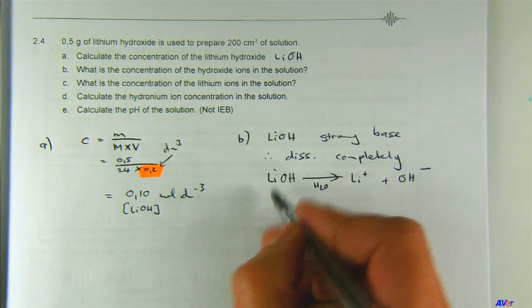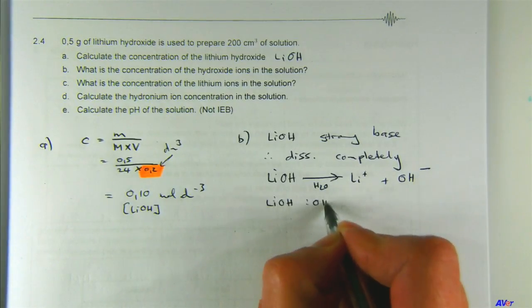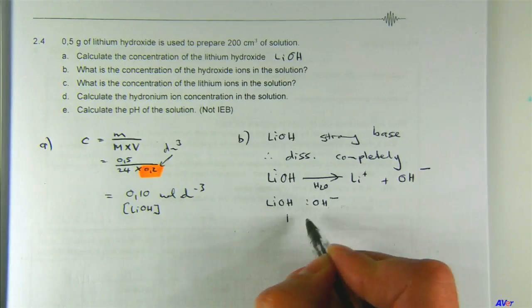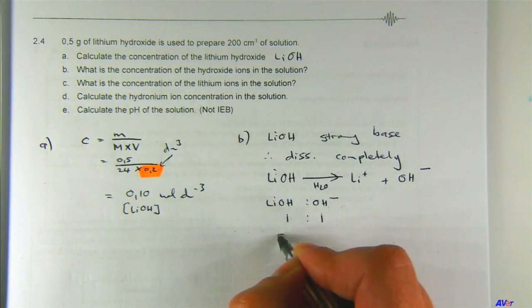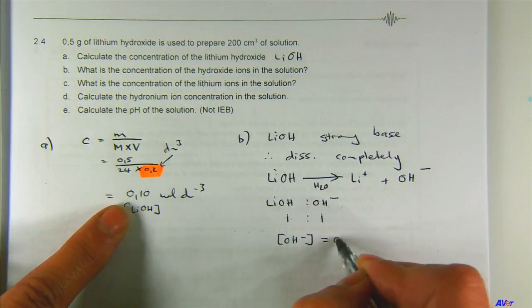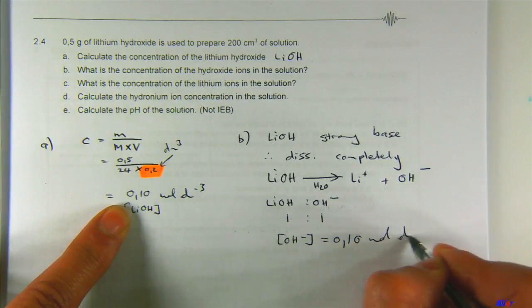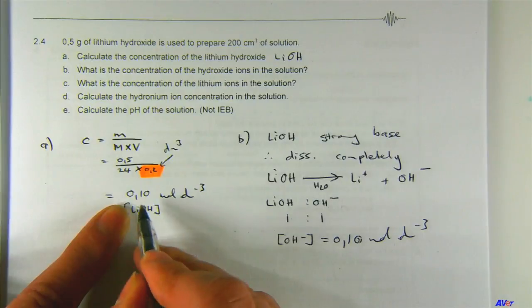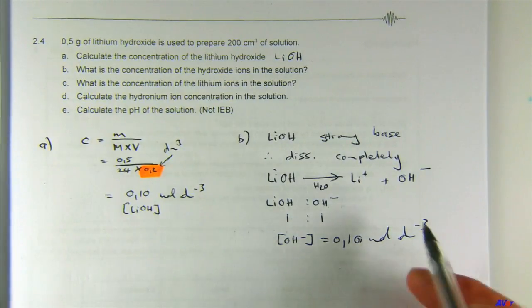Right. So what does it show you? It shows you the lithium hydroxide to OH minus. One of these will produce one of those. And immediately I know, okay, so my OH minus will also be 0.10 moles per cubic decimeter, because every single one that I put in will make an OH. They react completely.